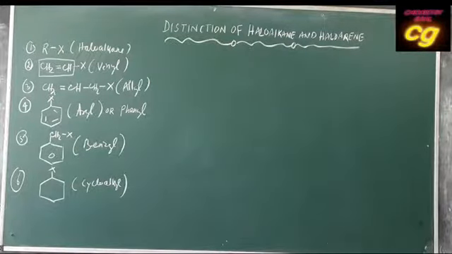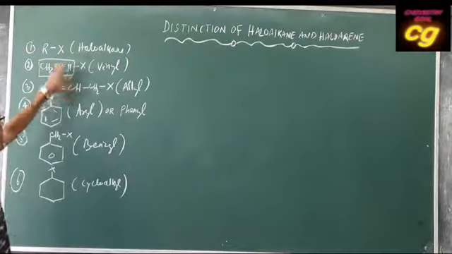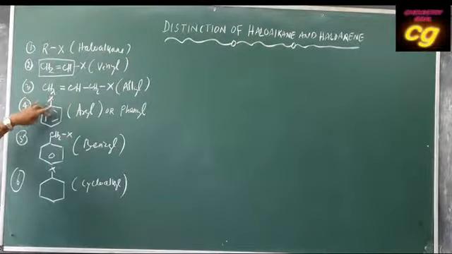So different types of R, that is alkyl group, can be attached to halogen: pure alkyl, vinyl, allyl, aryl, benzyl or cycloalkyl.